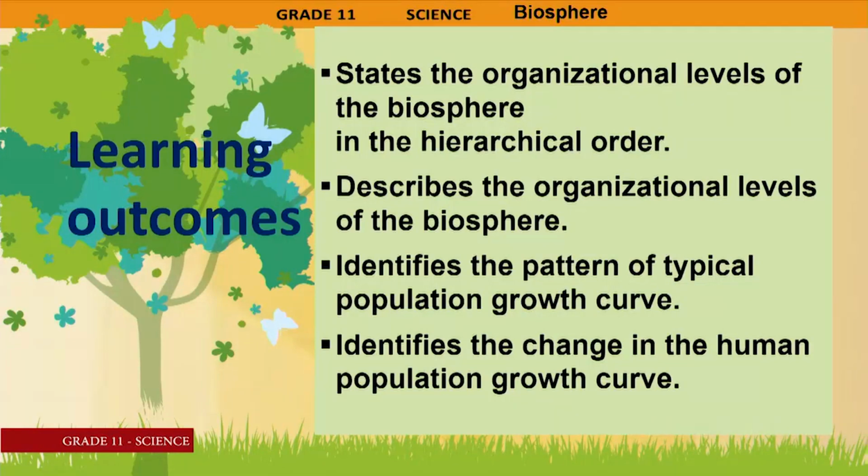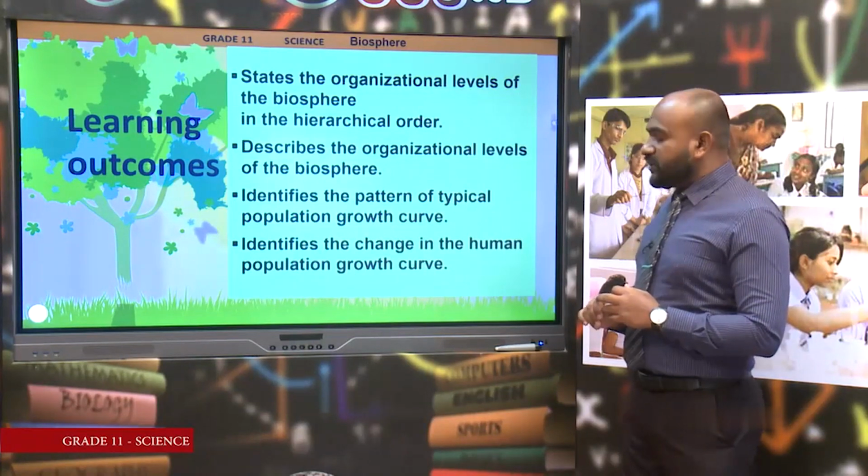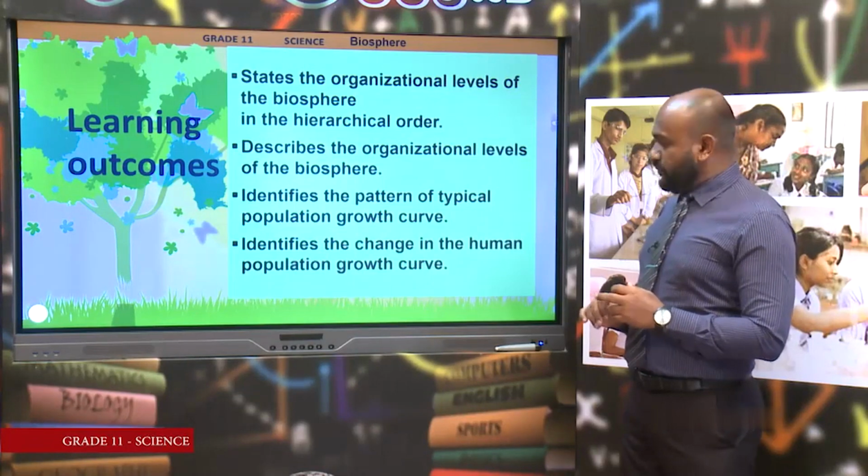The third one identifies the pattern of typical population growth curve. That is another learning outcome that you are supposed to achieve at the end of the lesson. The next one identifies the change in the human population growth curve. First you identify the pattern of the typical population growth curve, and then you identify the human population growth curve, and then you are supposed to compare the two.